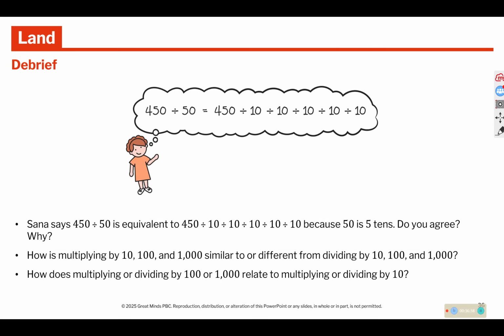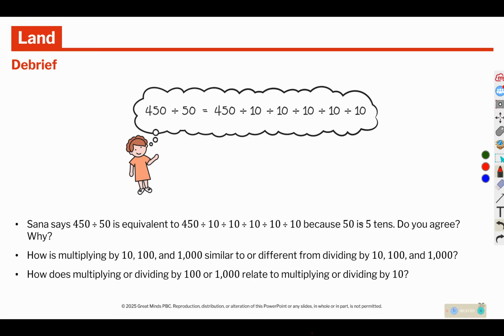We're going to close this lesson with a debrief. It says, Sana says 450 divided by 50 is equivalent to 450 divided by 10, divided by 10, divided by 10, divided by 10, divided by 10, because 50 is 5 tens. Do you agree? I disagree.